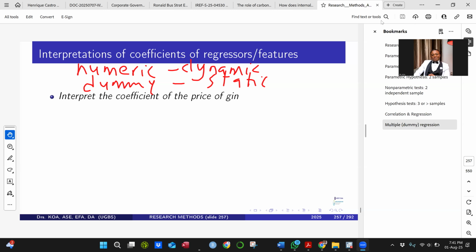Grace. Okay, so please, based on what my colleagues are saying, I think they are trying to say that the dependent variable, which is the quantity demanded QD of the gin, and then the independent variables, which are price. Okay, so at this stage, you can now omit those ones. At least you mentioned the dependent. Okay.